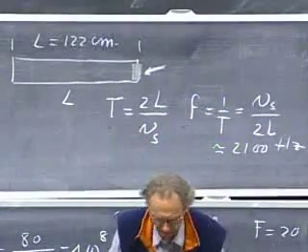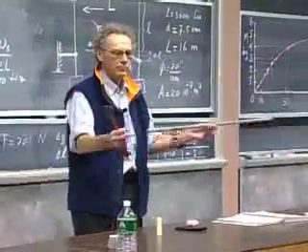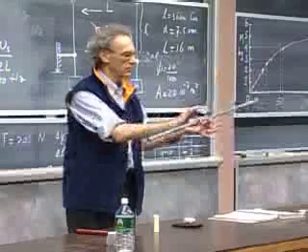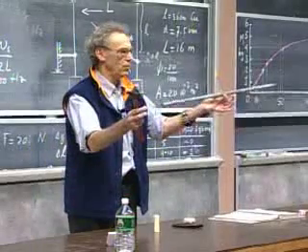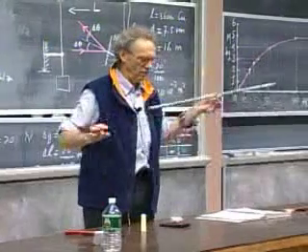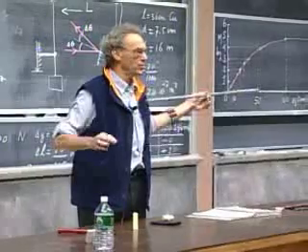And you can hear that. It's a beautiful tone. I hold it here, and I will bang it here. Can you hear it? No? Can you hear it? 2100 hertz, beautiful tone.